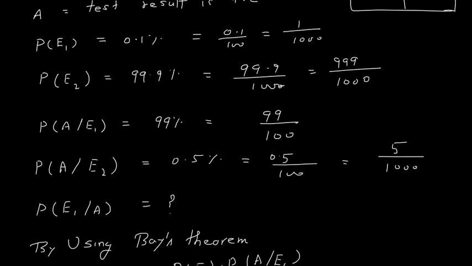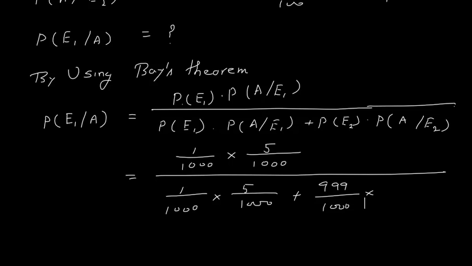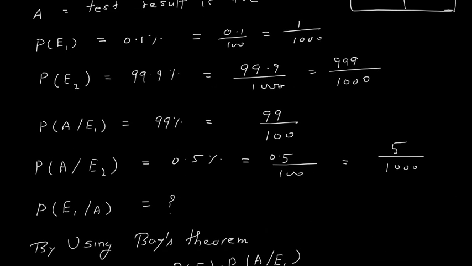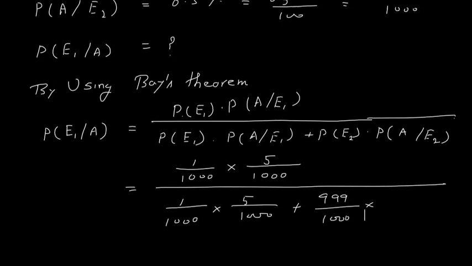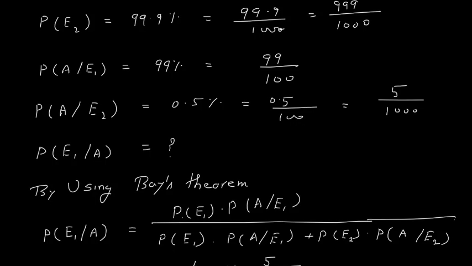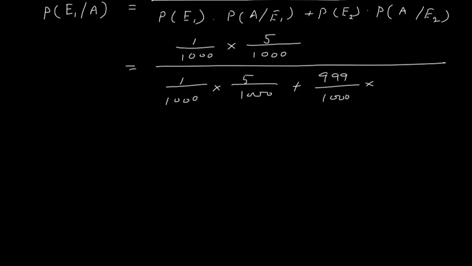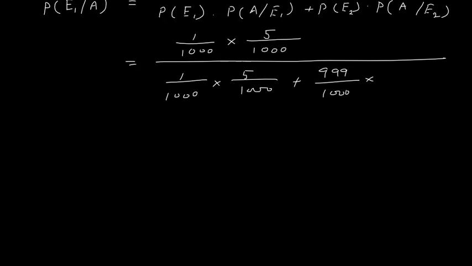A by E1 is 99 divided by 100, means 990 divided by 1000. Everything is in 1000, so better express this also as something divided by 1000. So 990 divided by 1000. And here it is 999 divided by 1000 into 5 divided by 1000.